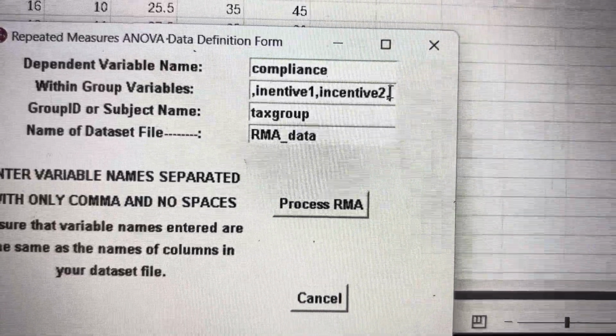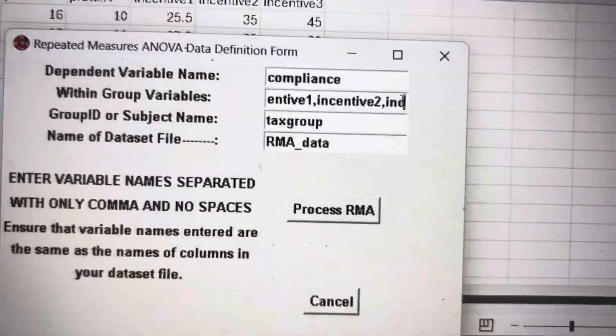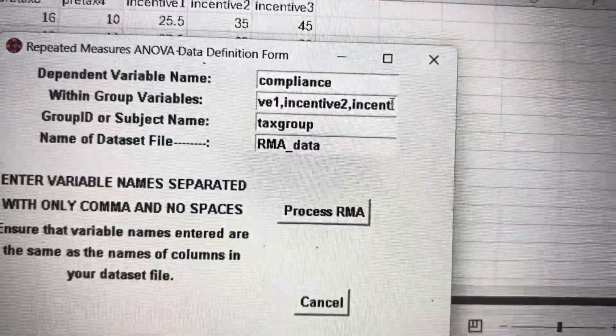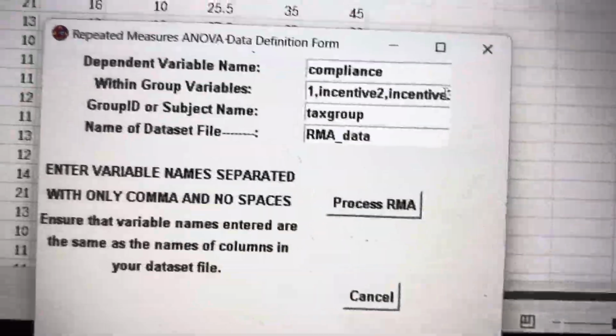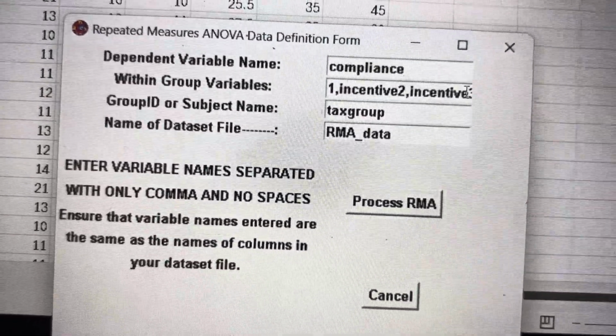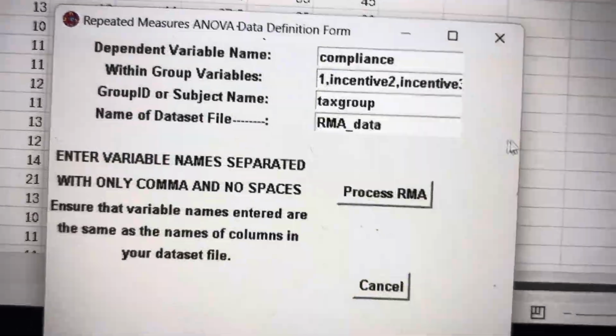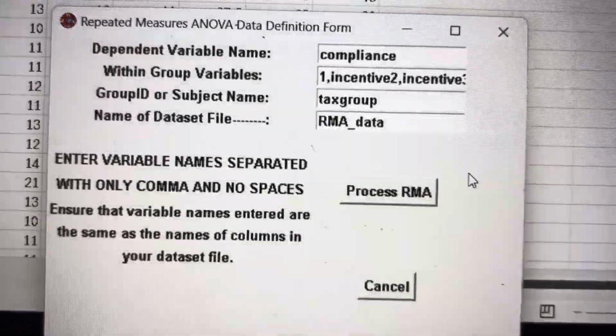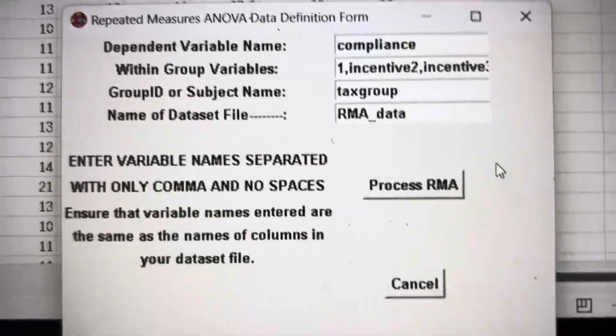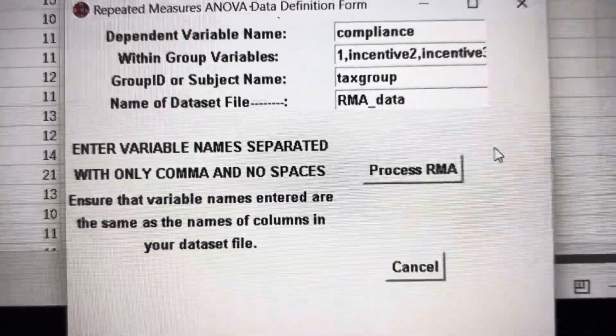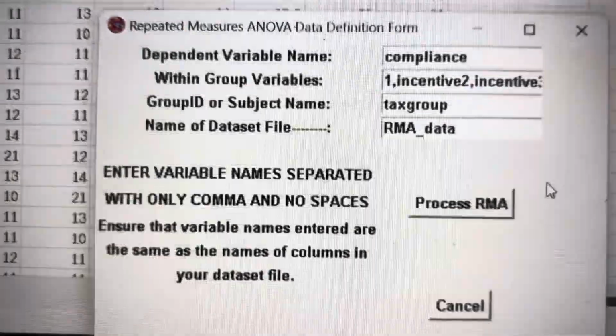Then incentive 3, that is also correct. Okay, having finished with all this, we are now going to deal with 7 repeated measures and how they affected the compliance.